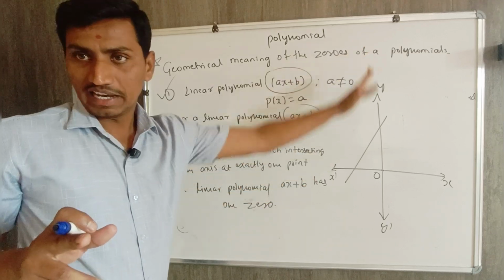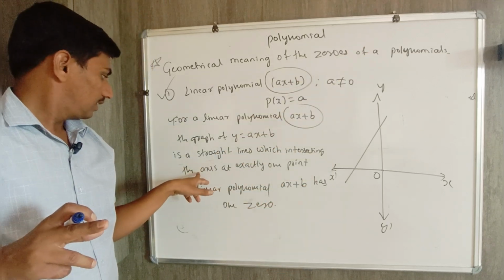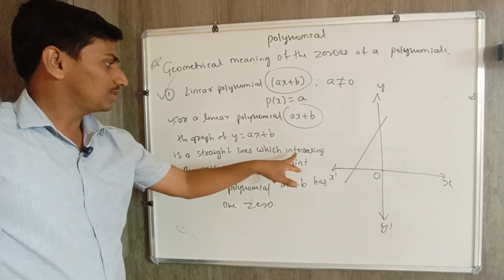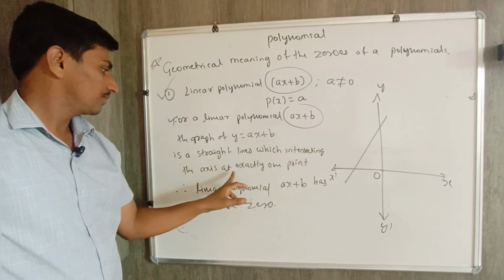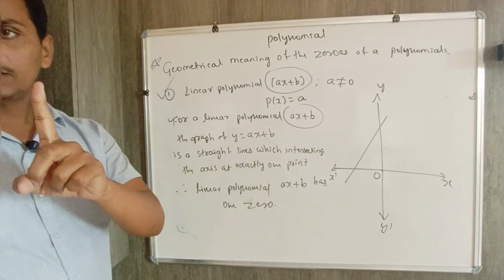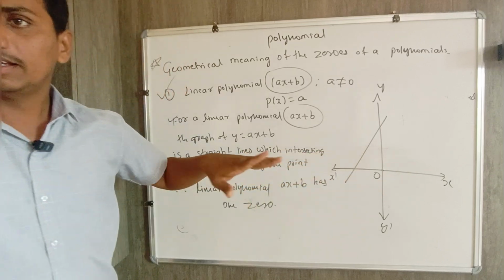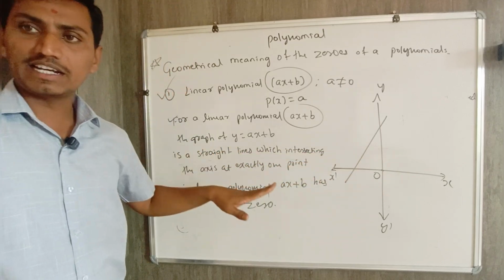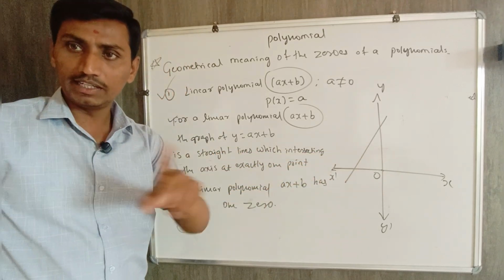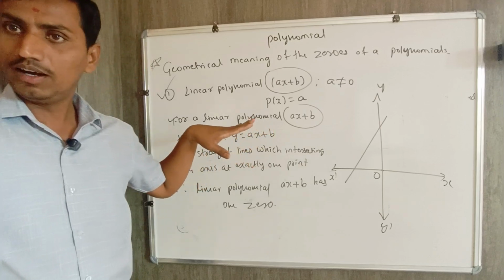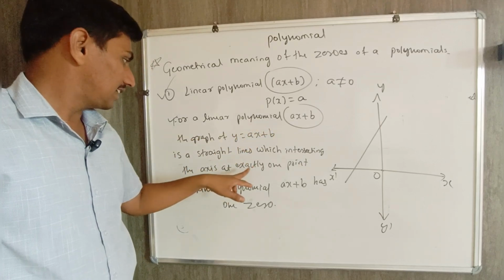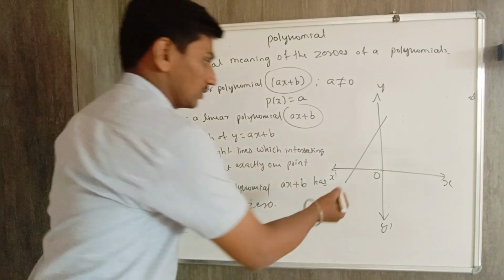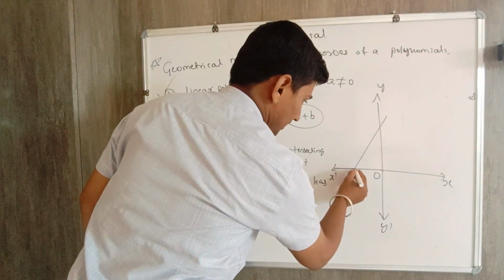It is a straight line which intersects the x-axis at exactly one point. So this is the x-axis, and one point here is intersecting.